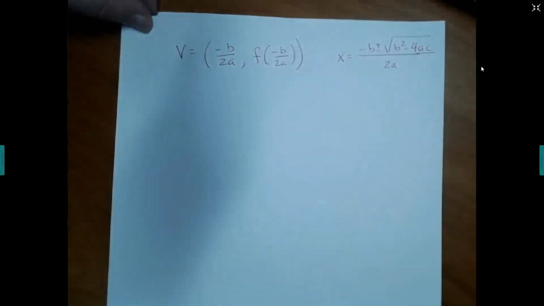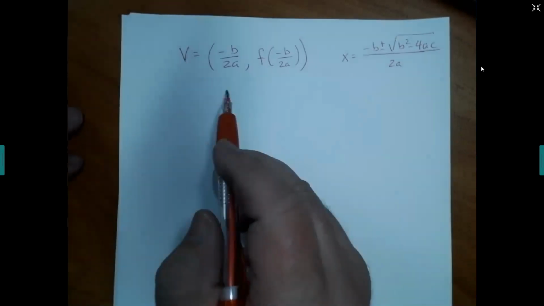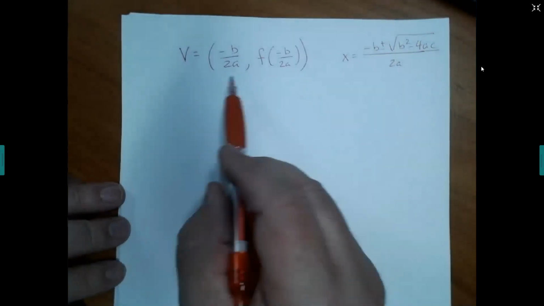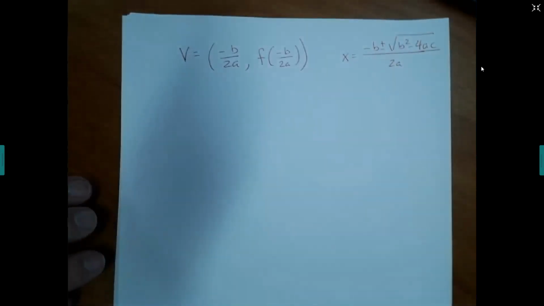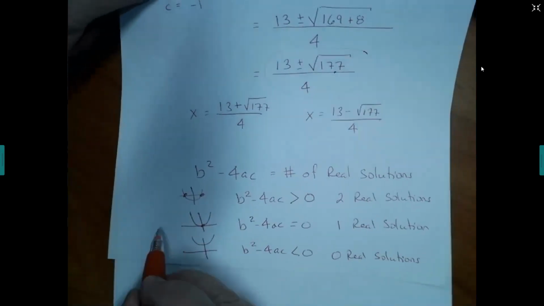And there's a quadratic equation. And nobody asked why this is our equation for finding the vertex. Look at the middle example.